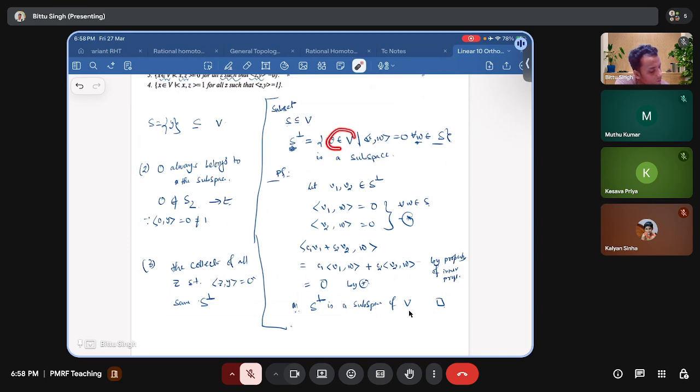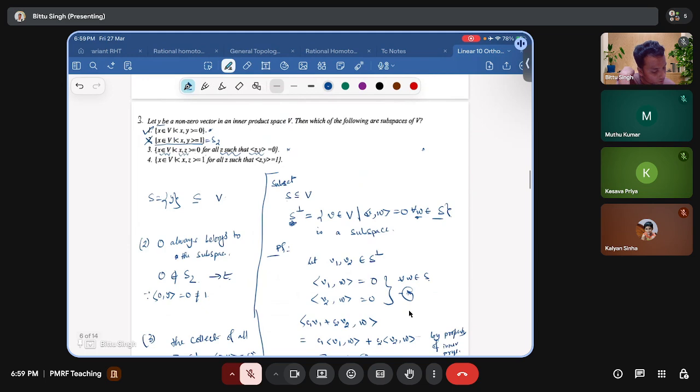It is the collection of all vectors which are perpendicular to W. In our case, the only choice of W is y because we are taking the set as singleton, right? So this is S perp.